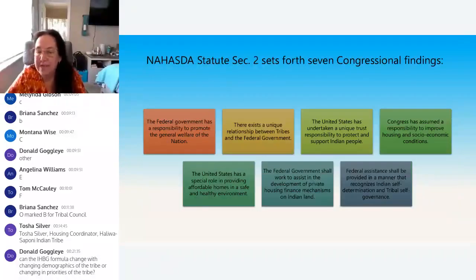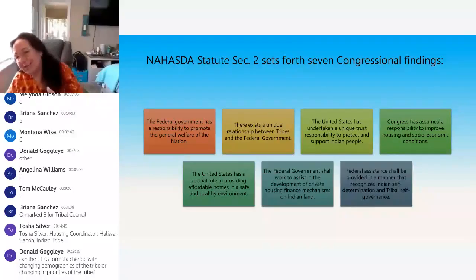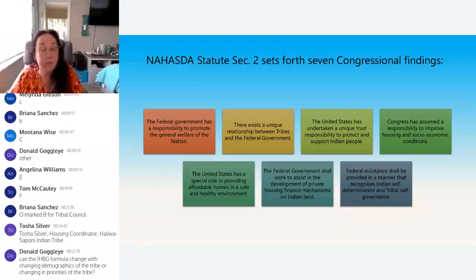So that summary of the statute, there were congressional findings with that. The federal government has a responsibility to promote the general welfare of the nation. There exists a unique relationship between the tribes and the federal government. They've undertaken that trust responsibility to protect and support Indian people. Congress has assumed a responsibility to improve our housing and social economic conditions.